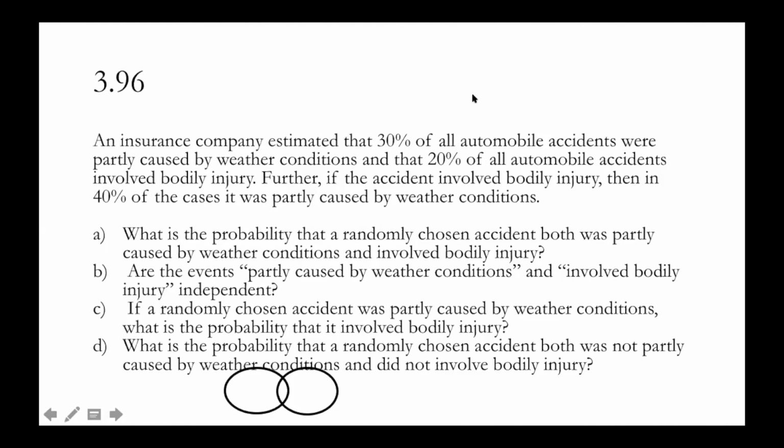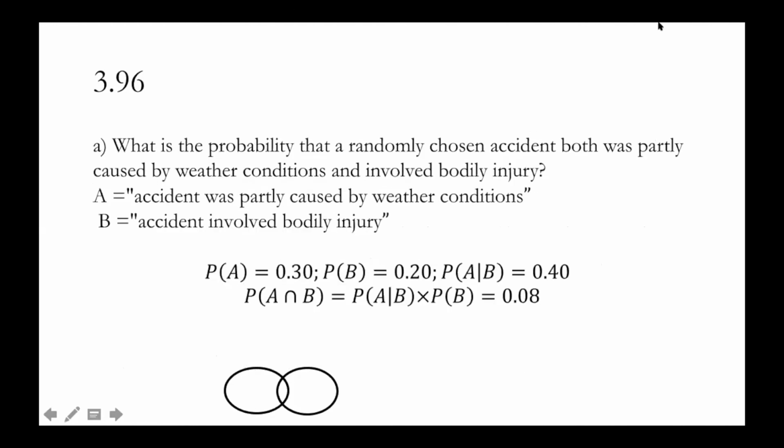If you don't have any suggestions, then you know that for the probability that a randomly chosen accident both was partly caused by weather conditions and involved bodily injury, we want the intersection between the accident that was partly caused by weather conditions and the accident involved bodily injury.